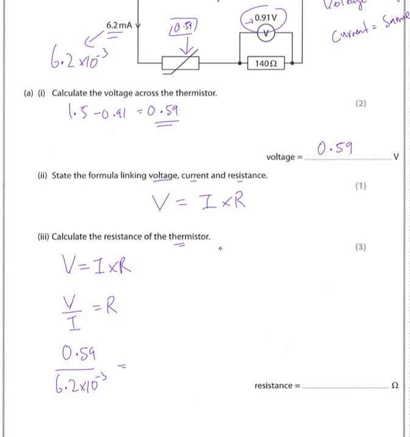I'll just plug this as it is into the calculator, and I'll get an answer of roughly 2 ohms, and this here will be my answer. You can see how easy it is to get those marks. If you got this wrong, make sure that you do this properly. So 1, 2, and 3.